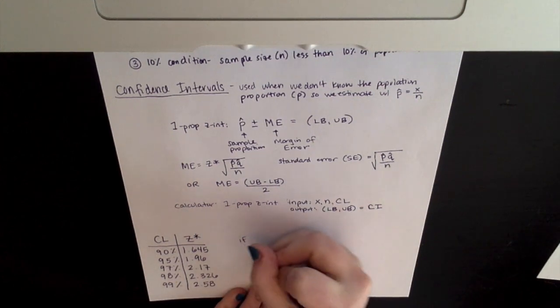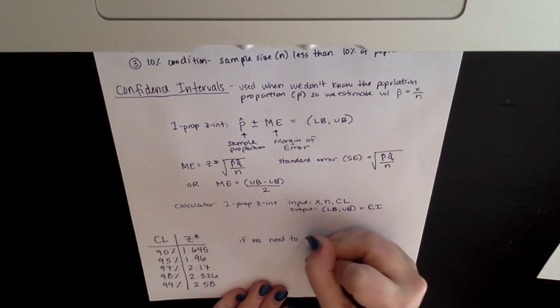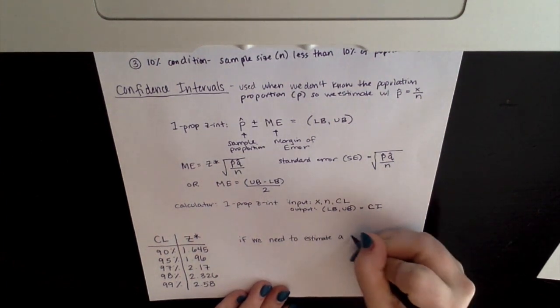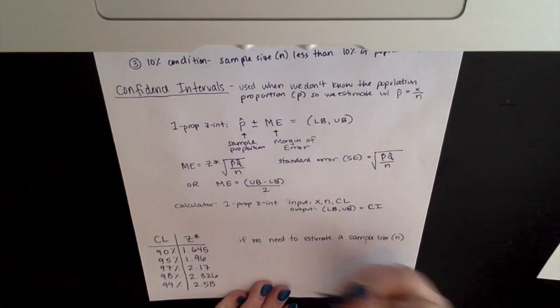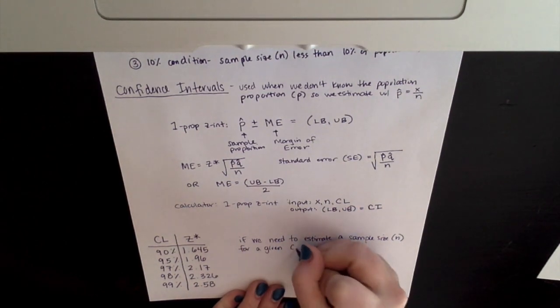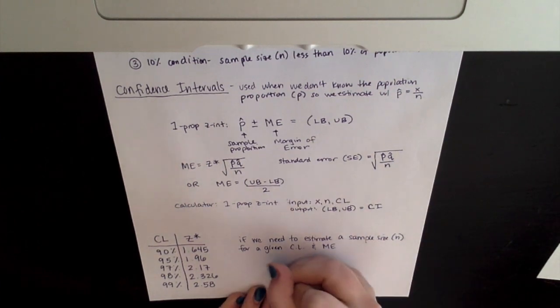So the final thing we do, if we need to estimate a sample size, that's N, for a given confidence level and margin of error, we would use the following formula.